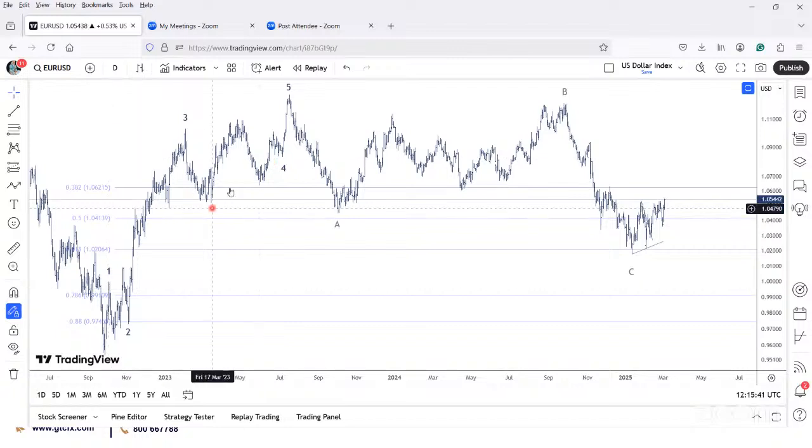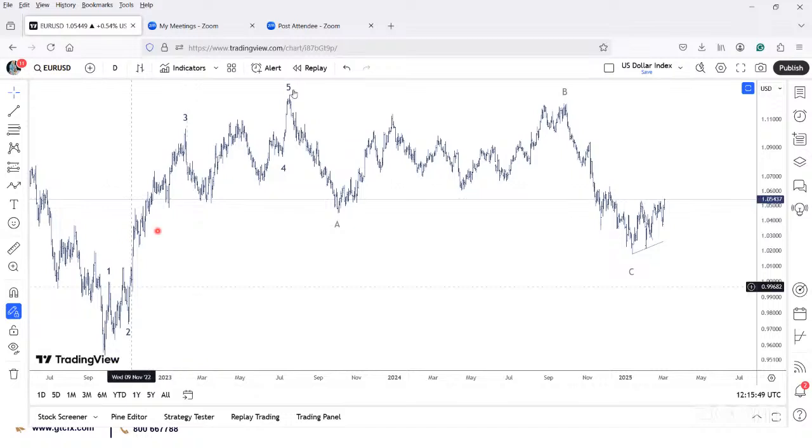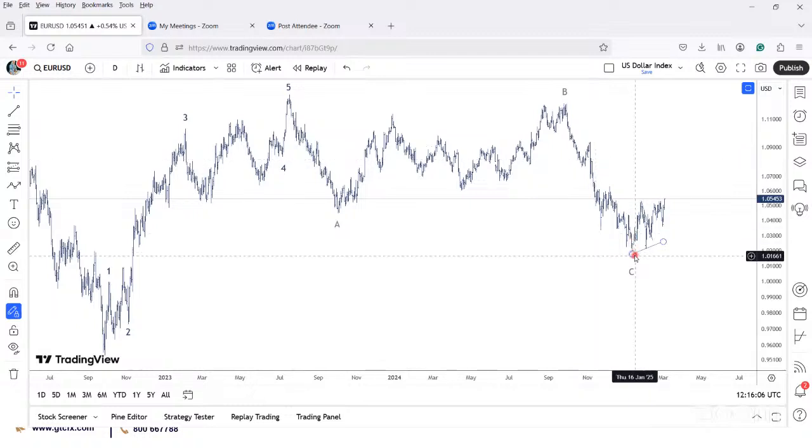We can get rid of this Fibonacci ratio. So 5 waves up, followed by 3 waves down, A, B, and C. On the presentation, my chart is here. That was November 2024, and what has happened is all for us to see.